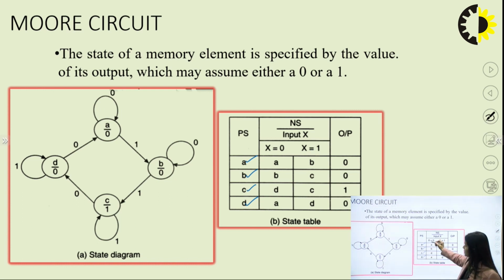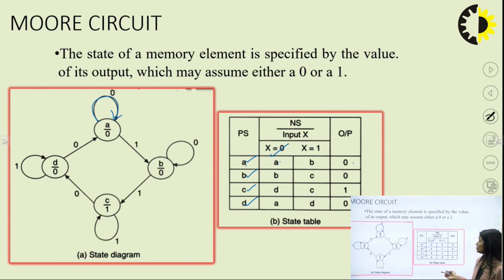If input is 0, okay, if input is 0, if the state is A and the input is 0, then output would be what? Okay, so here we have this A to A, input is 0, state is A and output is 0.